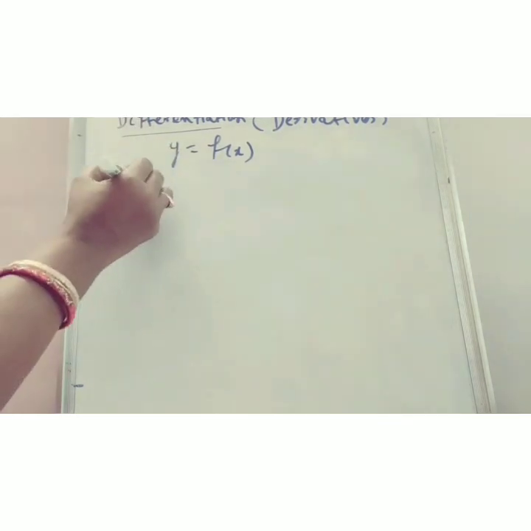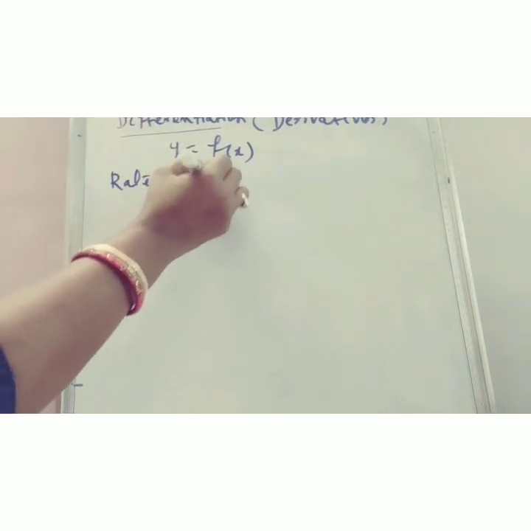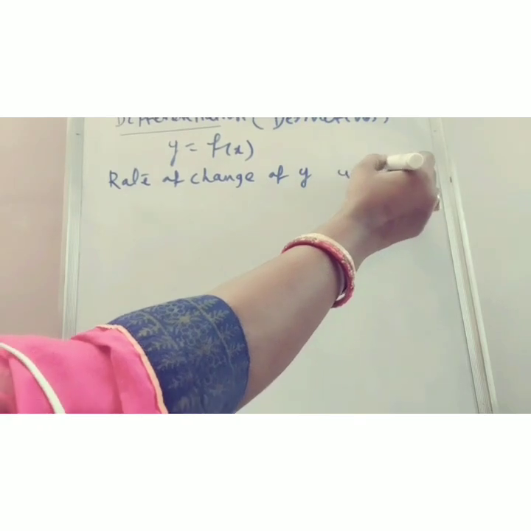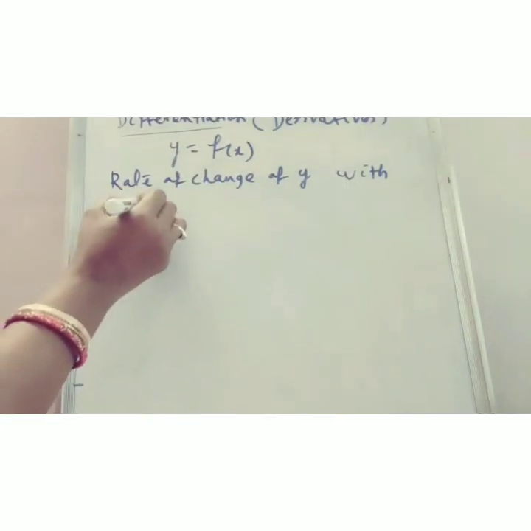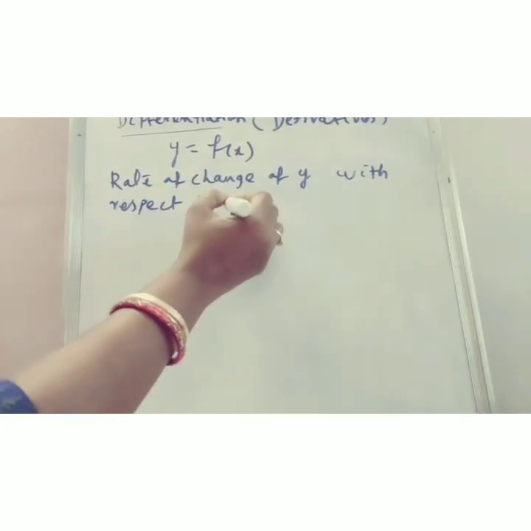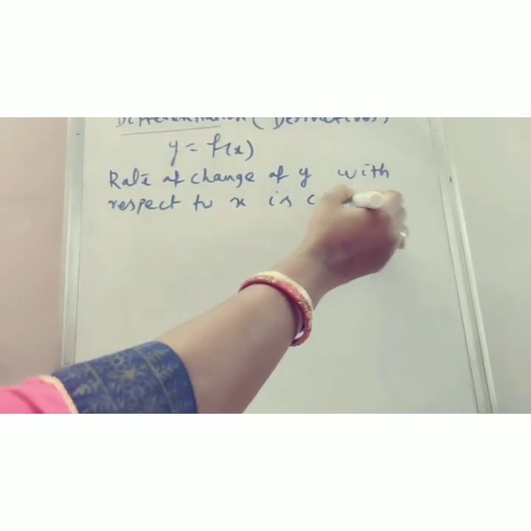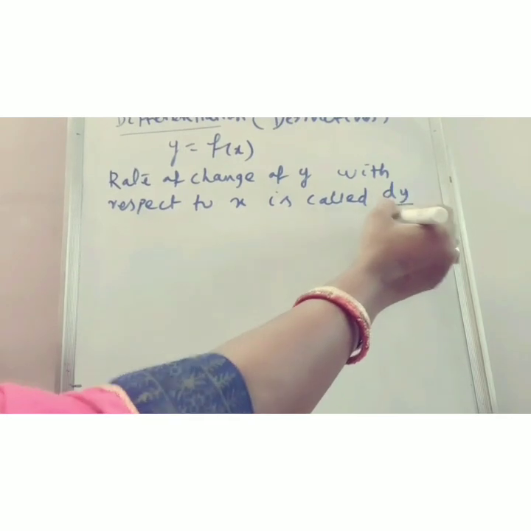Now the rate of change of y with respect to x, with respect to the other variable, is called dy by dx. This is the rate of change of y with respect to x.